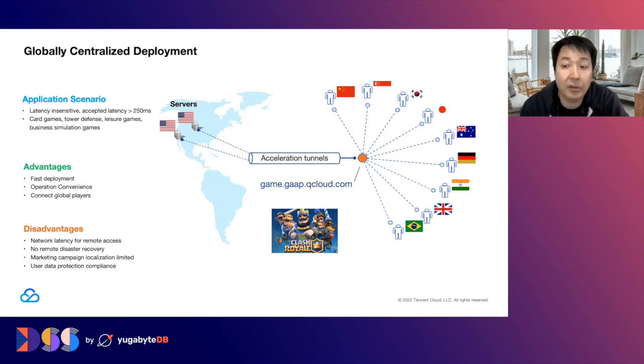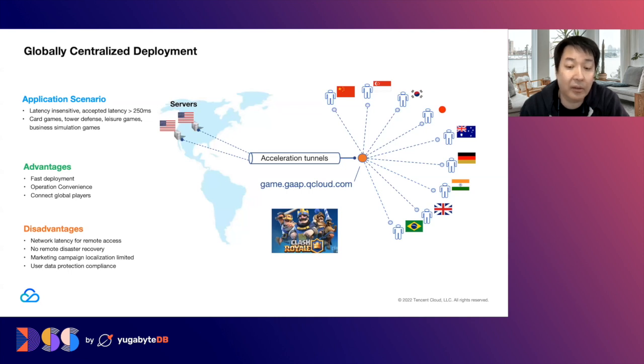This helps to link regions in the US to users in other countries or one country to another. The application scenario for this is for latency insensitive games, where network latency is not that sensitive.